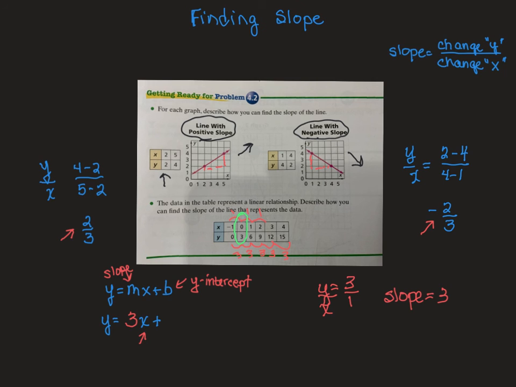That y-intercept is plus 3, and that would be my equation. So the number I'm multiplying times the variable is the slope, and the y-intercept is 3. I can use that equation to create points to graph that equation. Okay, good deal.